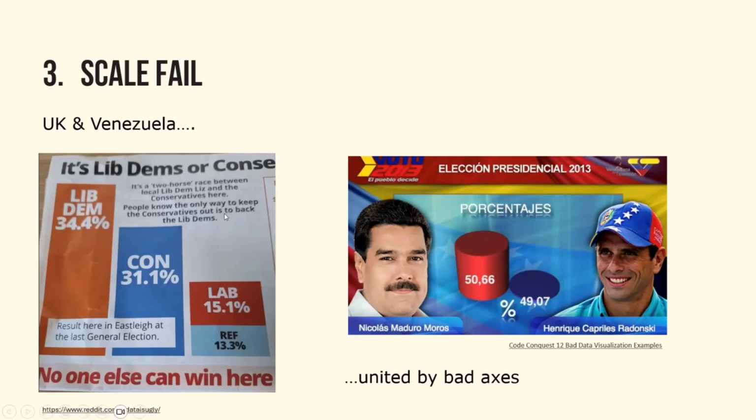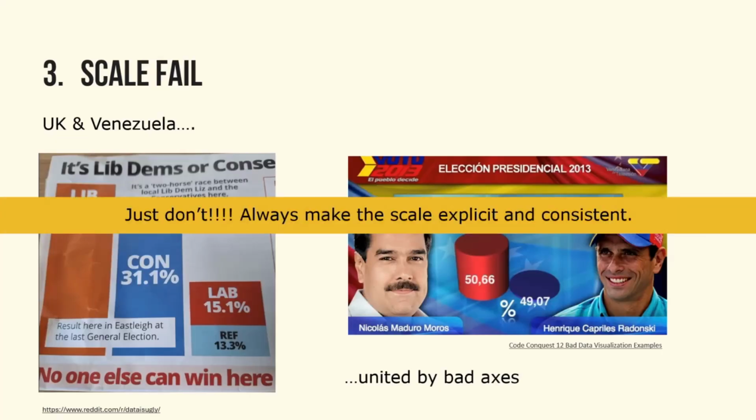So there is no scale here if you compare conservative with liberal Democrats. And the same happens on the other chart. It's quite a minor difference between 50.66 and 49.07. So there is no clear scale here, and that can mislead your audience in a blink of an eye. So just don't do it. Always make your scale explicit and consistent.